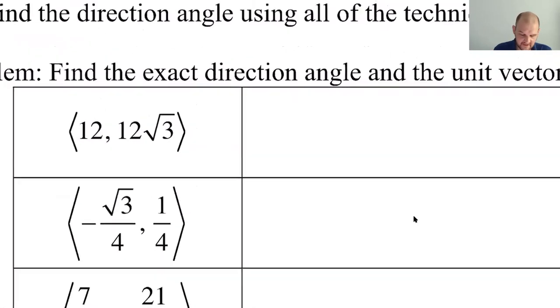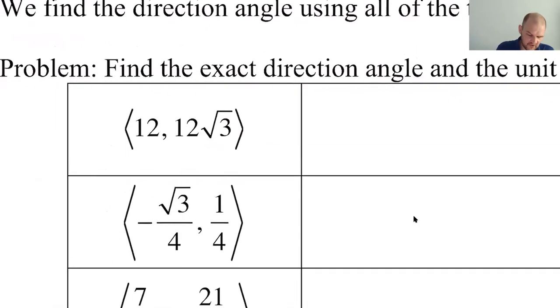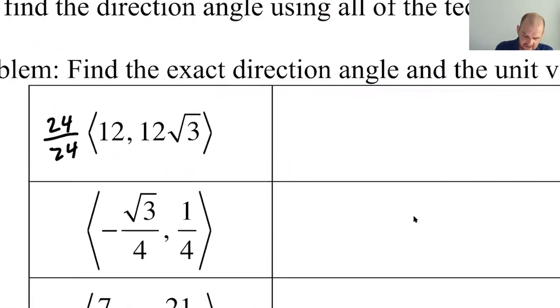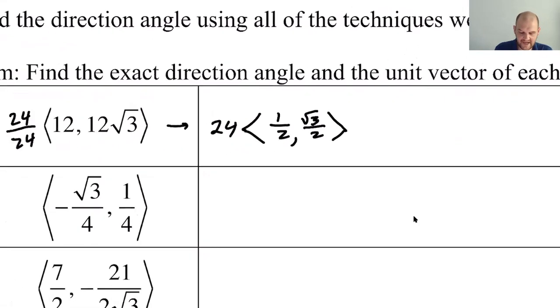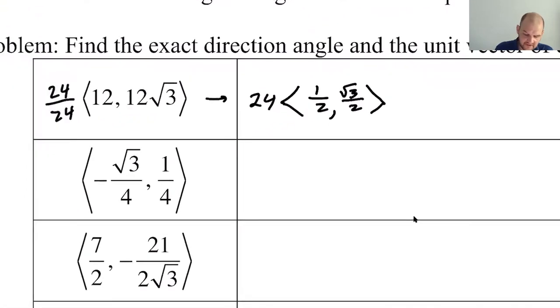So I'm going to bust out a trick that we've been using. I'm going to multiply this by 24 over 24, a clever form of 1. So this is going to give me 24 times 1/2 over 24, and 12 root 3 over 24 gives me this. So now I actually know that the magnitude is 24.